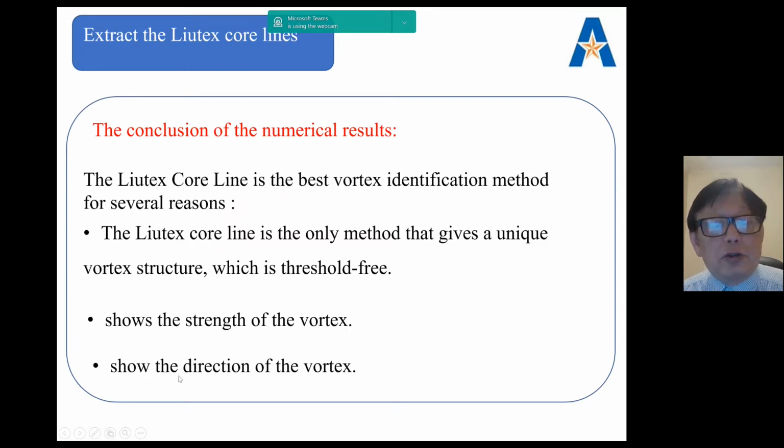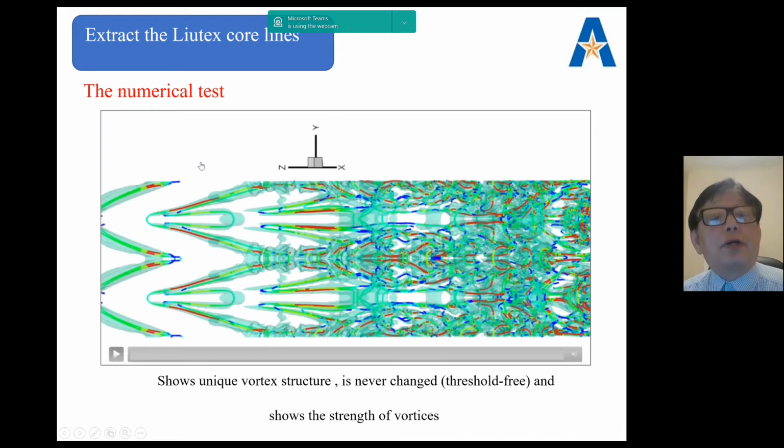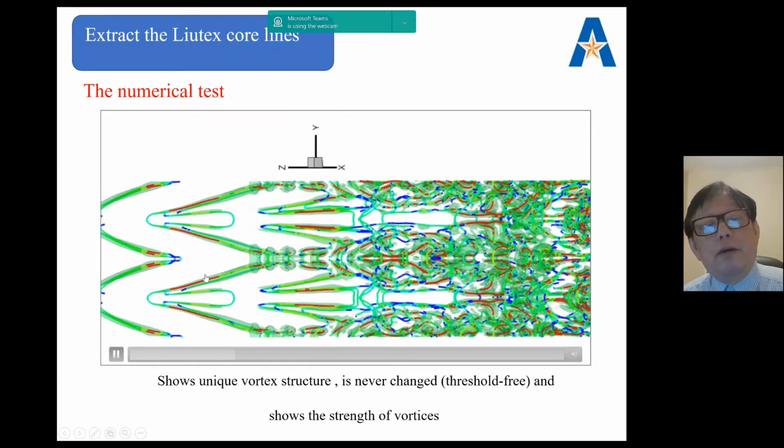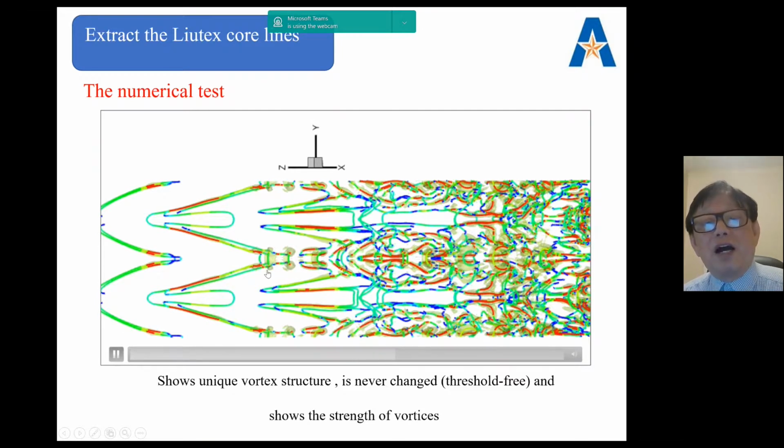Third, it also shows the direction of the vortex. We can look at these graphics and movies. We can see when you change the isosurface, the isosurface will be gone, but the core line is never changed.